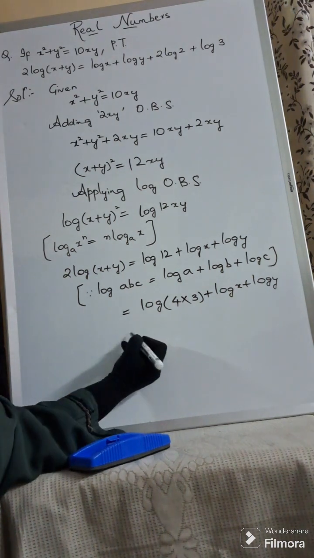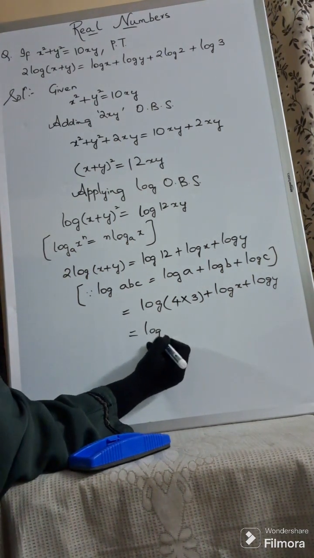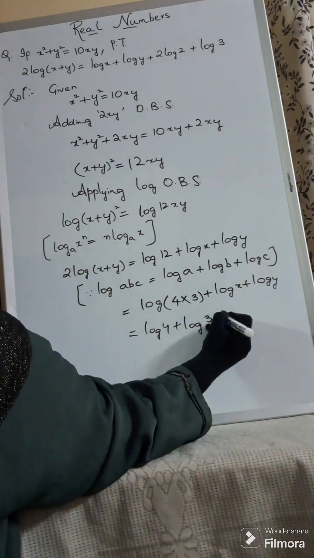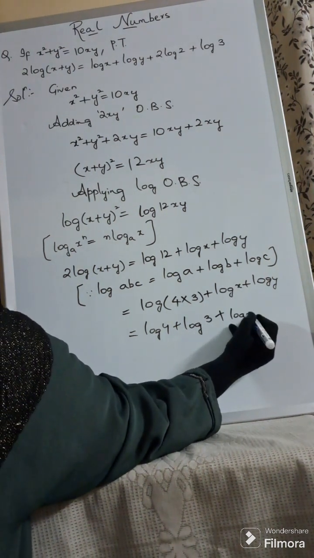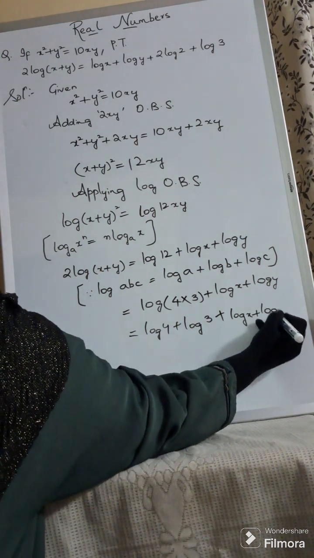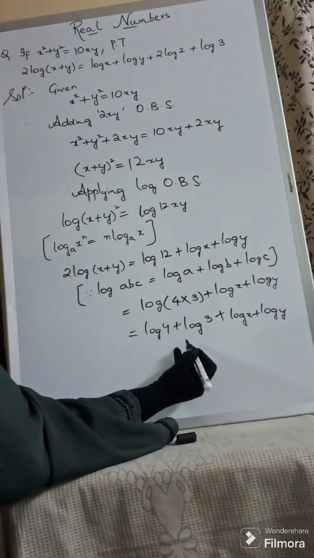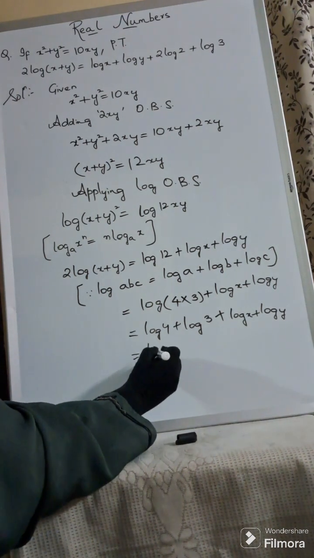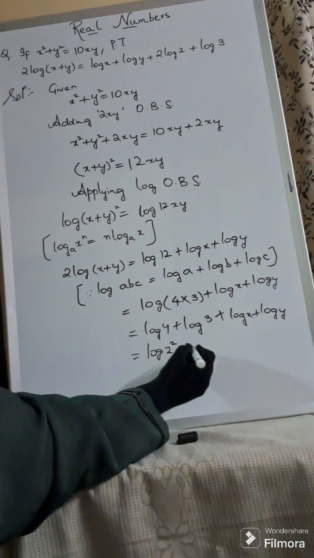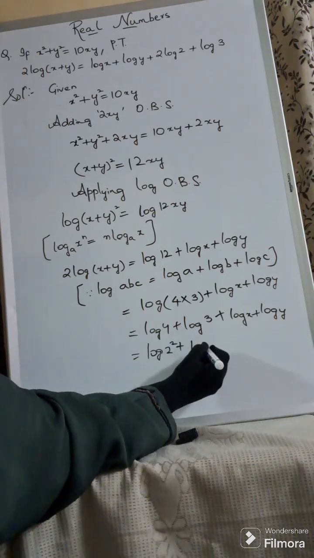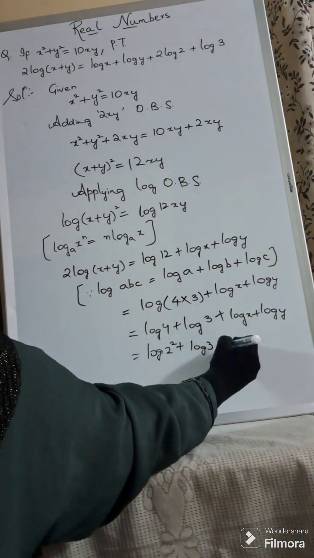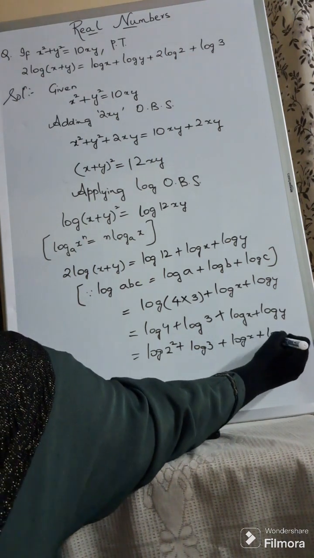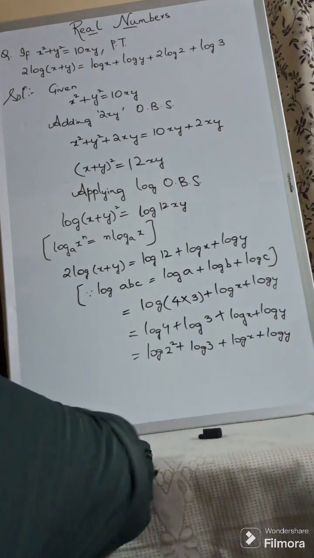So this can be written as log 4 plus log 3 plus log x plus log y, since log ab is equal to log a plus log b. Now this 4 can be written as log 2 square plus log 3 plus log x plus log y. Let us see the steps from the starting again.